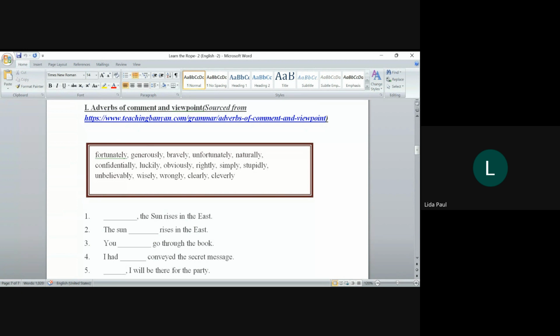They may not give you the distinction of being a comment adverb or a viewpoint adverb when looked at in isolation. But when used in a sentence, depending on where you're placing these words, is where you actually get the difference between a viewpoint and a comment adverb.